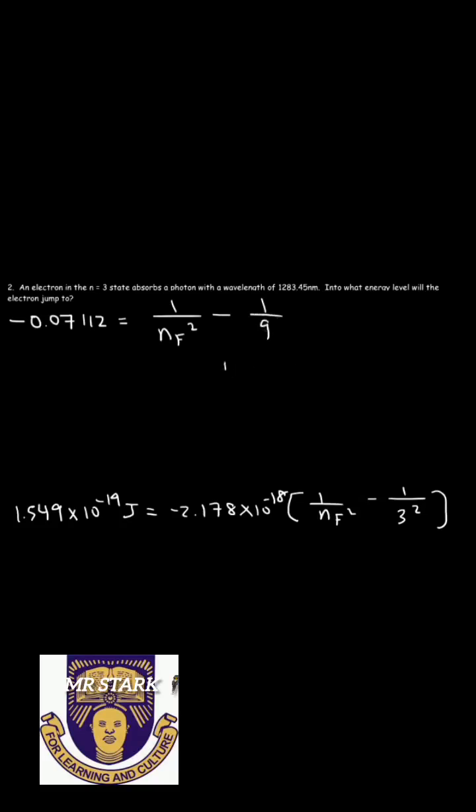So next, let's add 1 over 9 to both sides. So if you have your calculator, take negative 0.07112 plus 1 over 9, and you should get 0.03999, which should probably be 0.04.